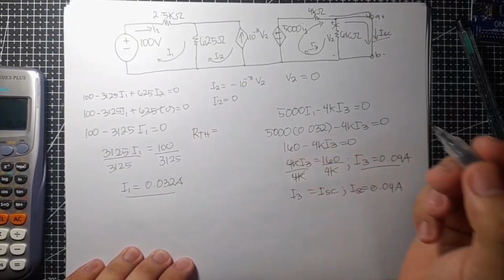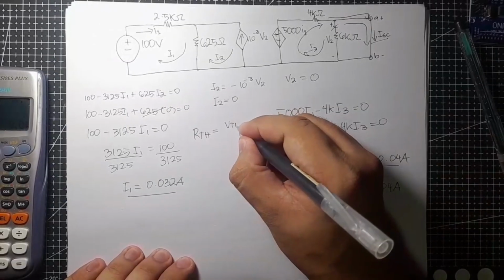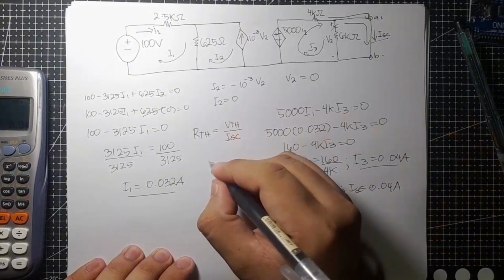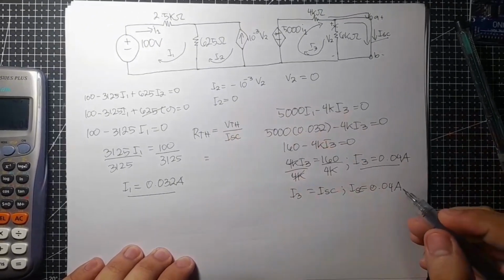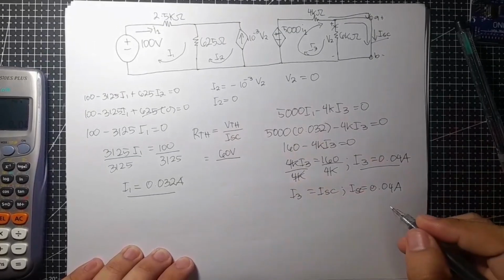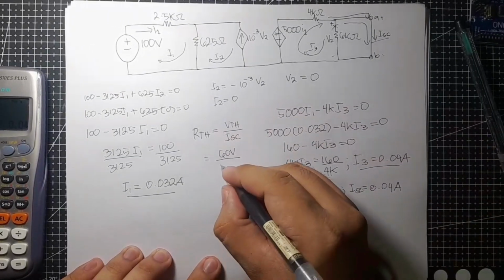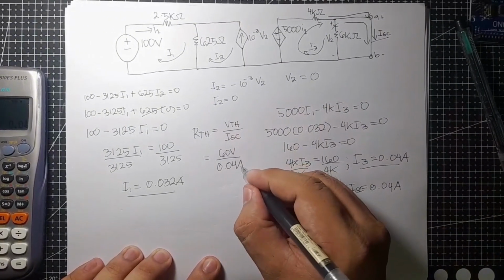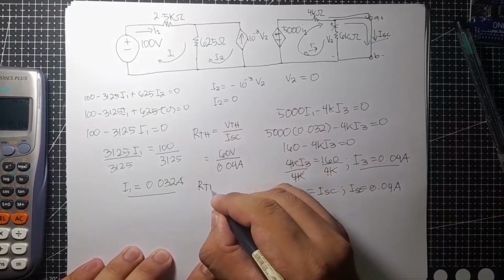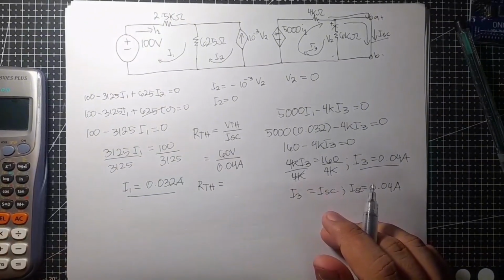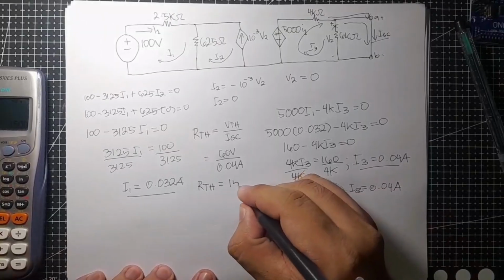RTH is equal to VTH over ISC. So we have the VTH, which is 60 volts, divided by ISC, which is 0.04 amps. So we will have RTH of 60 divided by 0.04, which is 1500.